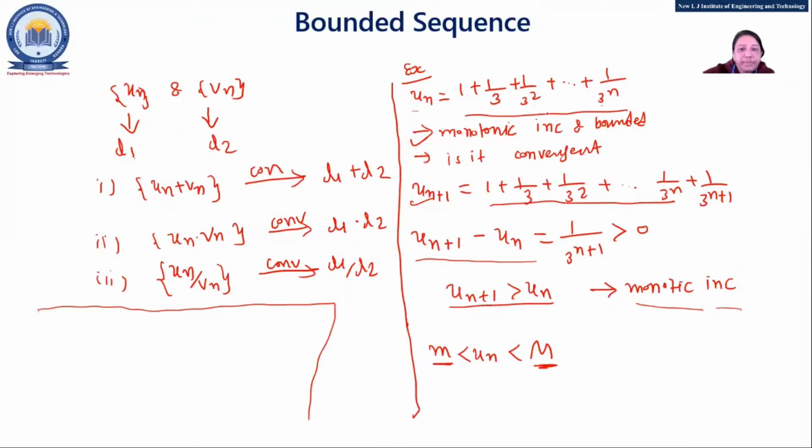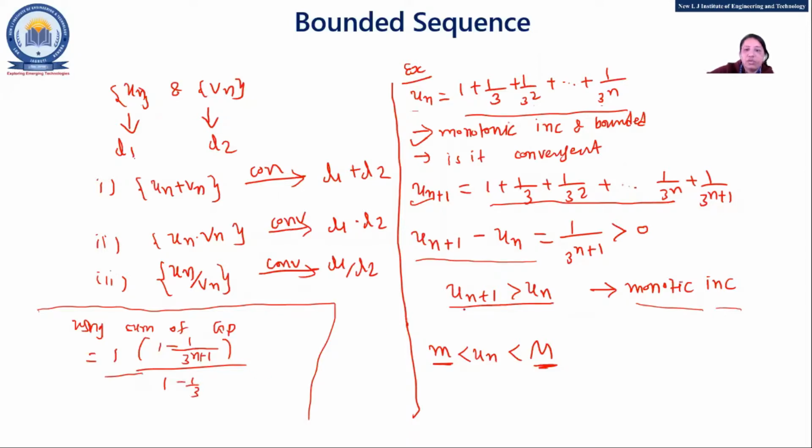Okay, fine. So our un is like this: 1 plus 1 by 3, and so on. You know the geometrical progression. Using the sum of GP, we can write this sequence un in terms of 1 minus 1 upon 3 raised to n plus 1 upon 1 minus 1 by 3.